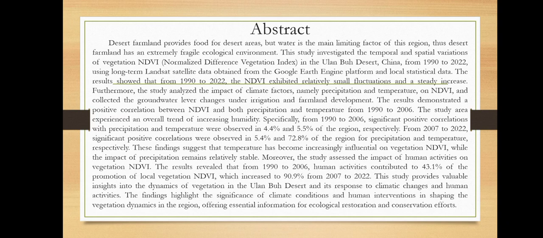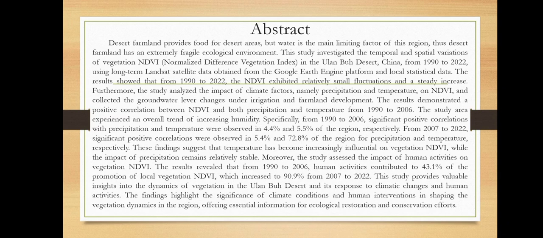The results showed that from 1990 to 2022, the NDVI exhibited relatively small fluctuations and a steady increase. Furthermore, the study analyzed the impact of climate factors, namely precipitation and temperature, on NDVI, and collected the groundwater level changes under irrigation and farmland development.